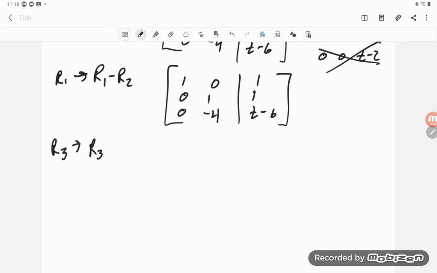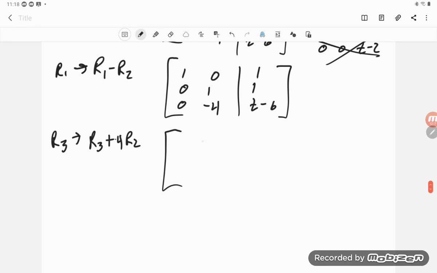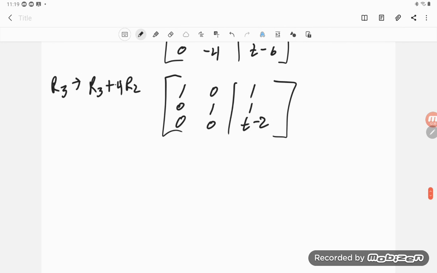Oh, yeah, okay, this is going to work. So much for my poor intuition. So for row 2, and we will get the t minus 2. Okay, 1, 0, 1, 0, 1, 1, and 0, 0. And when we take t minus 6 and we add 4, we get t minus 2. Yeah, what am I worrying about? Okay, so it is t minus 2.